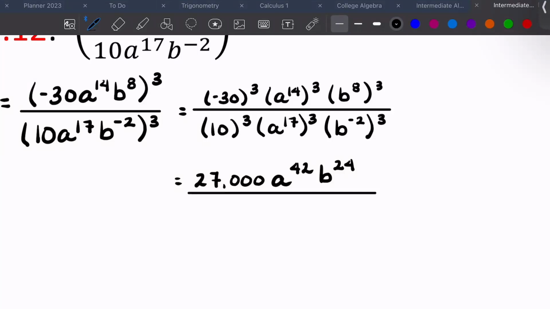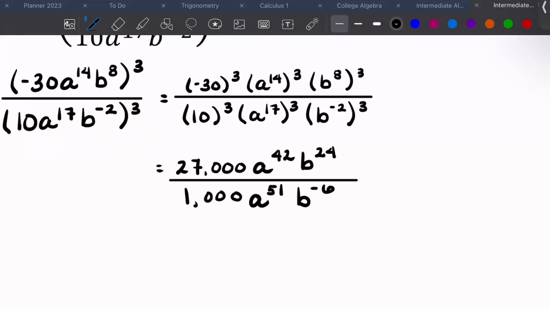Then you have 10 cubed, which is 1,000. And then 17 times 3 gives you 51. And then b to the -6th, right? So 27,000 divided by 1,000 just gives you 27.